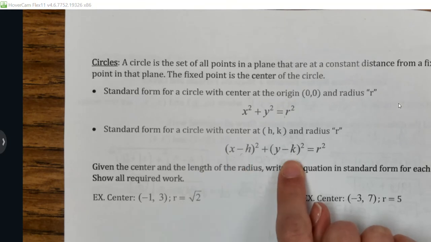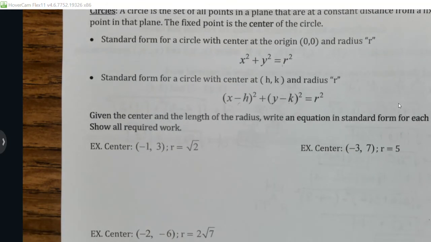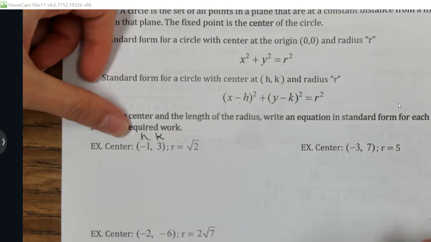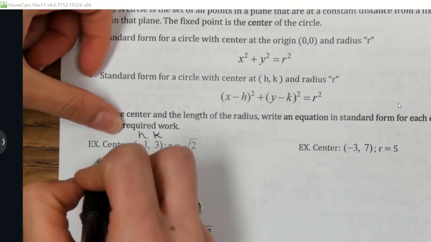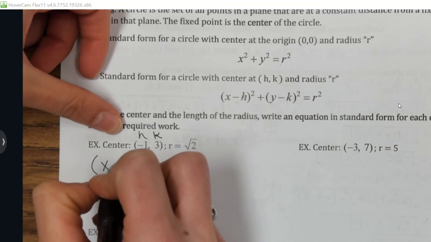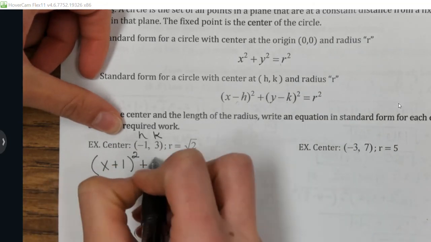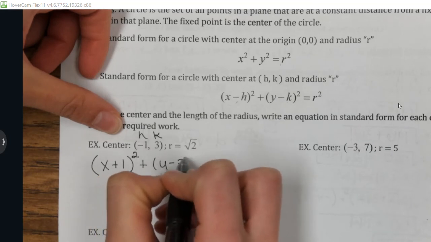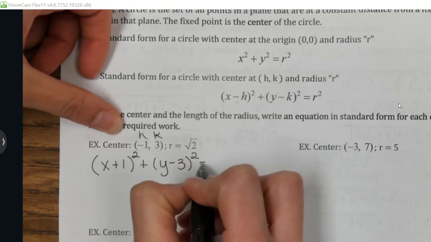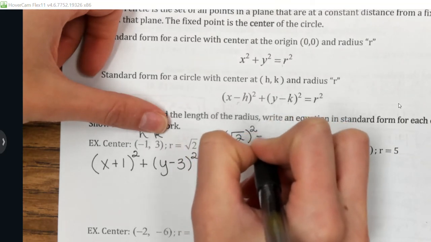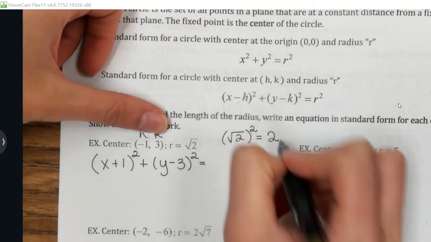Okay? So if I give you the center and I give you the length of the radius, we have to write our equation. Okay? So if my center is -1, 3, that's my (h, k). So I'm going to have (x plus 1) squared plus (y minus 3) squared equals, I take the square root of 2 and square it, and that is just 2.